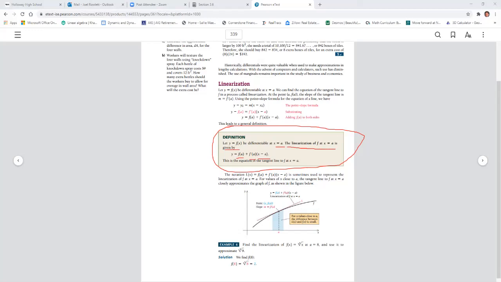And again, this is just mimicking the slope. So we have a point here at x is equal to a, and we can take the derivative of this tangent line. That would be f prime of a.